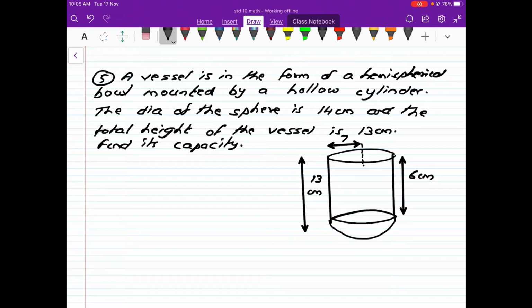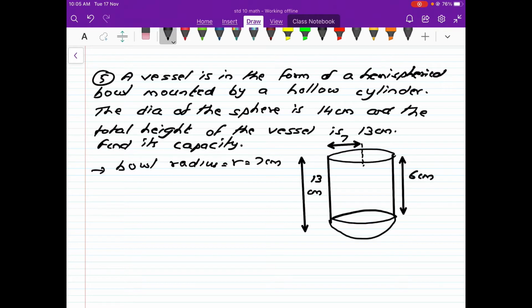What we have to find? We have to find its capacity. Its capacity means nothing but the volume. So, how do we do this? The radius of the bowl, r, is given as 7 centimeters.